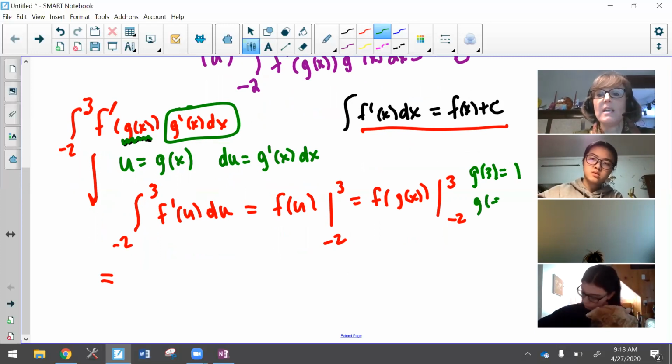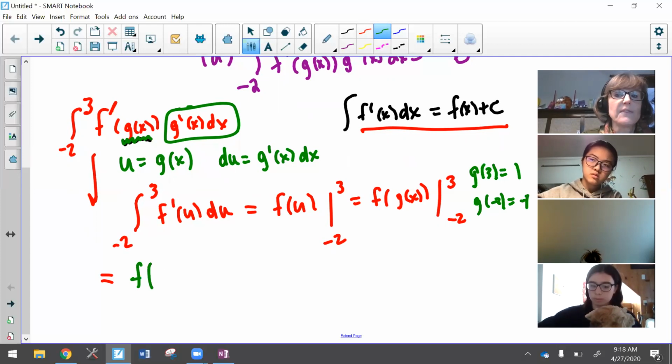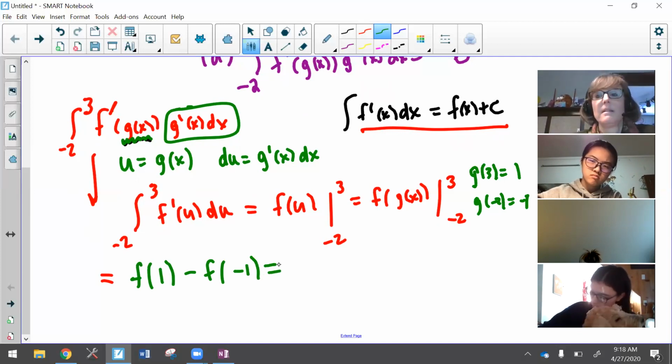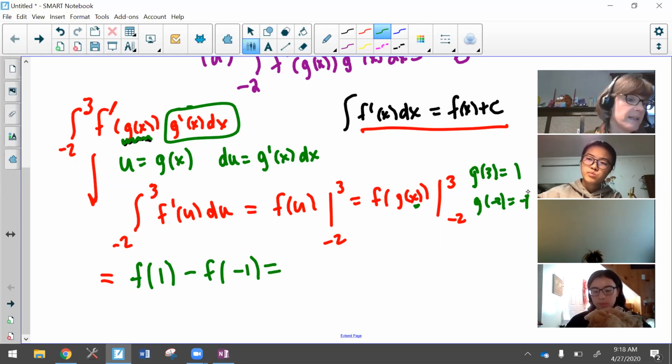And what's g of -2 going to be from the table? -1. Very good. Thank you, Nancy. So this is going to be f of 1 minus f of -1, because I got to substitute in for my x. So that's going to give me f of g of 3, but g of 3 is really 1. And then minus f of g of -2, but g of -2 is really -1.